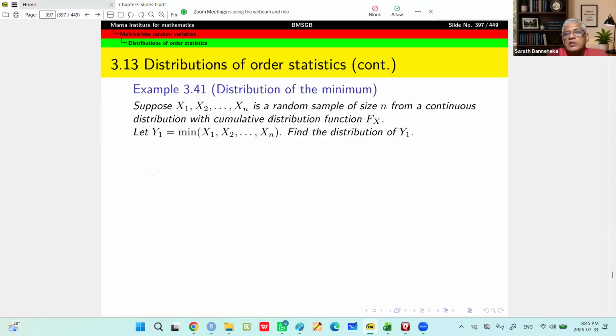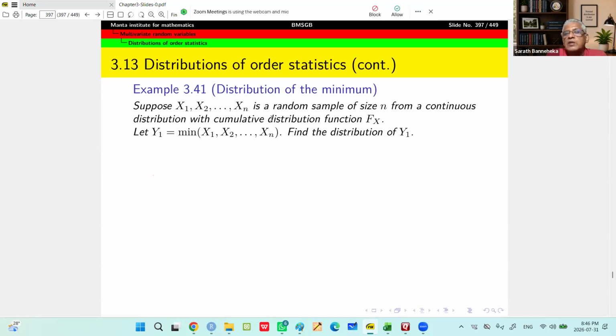Right. So here the method I'm going to use is called the cumulative distribution function technique. That is, first find the cumulative distribution function of Y1. And then, of course, if Y1 is a continuous random variable, we can find the density function by differentiating the cumulative distribution function of Y1.